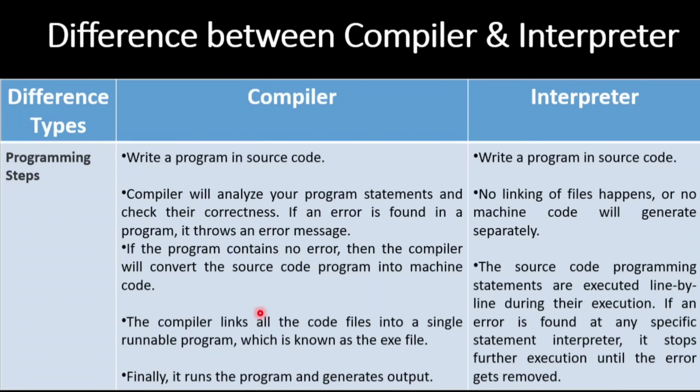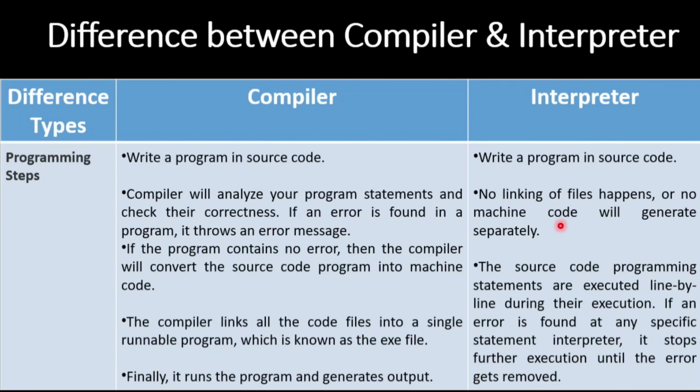After that, compiler is going to link all the files into a single file, and that file is known as executable file. And then it is going to run that executable file. I hope you know in your C programming, an executable file is generated and that file is run.